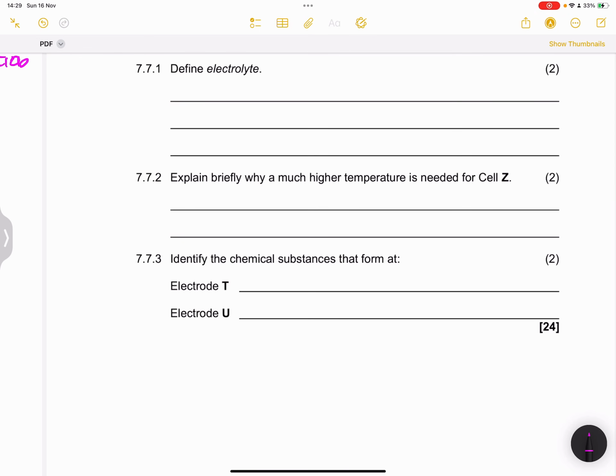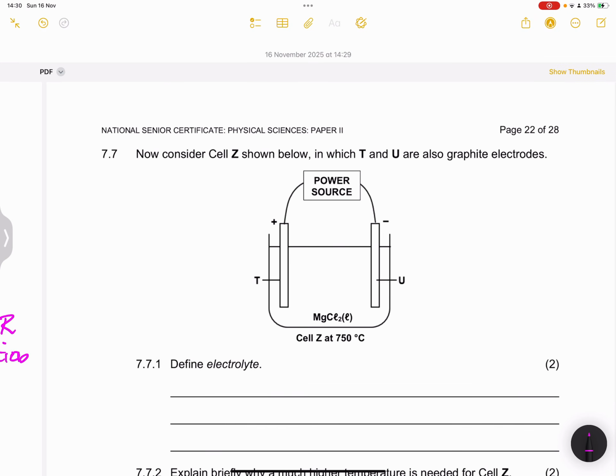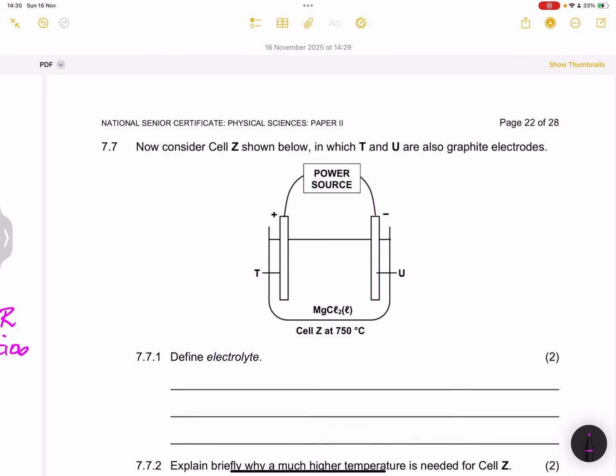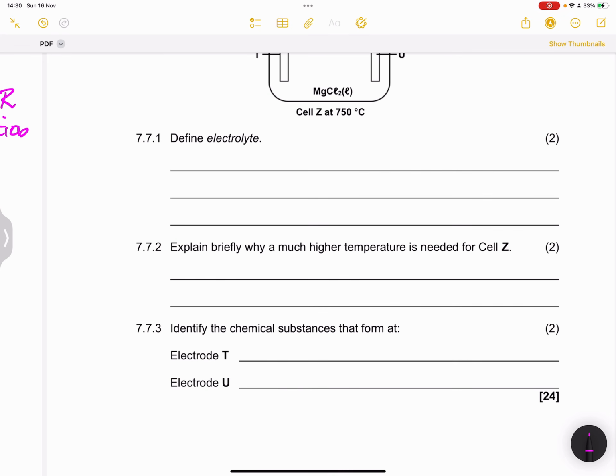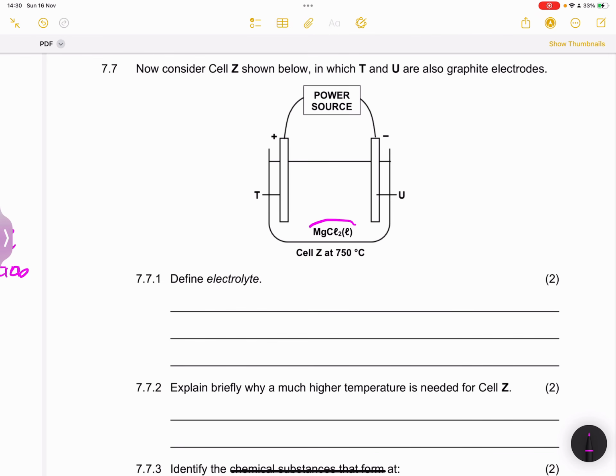They say explain briefly why a much higher temperature is needed in cell Z. Okay, so what are they trying to do in cell Z? In this case, please note that when you are trying to convert magnesium chloride, it's molten.